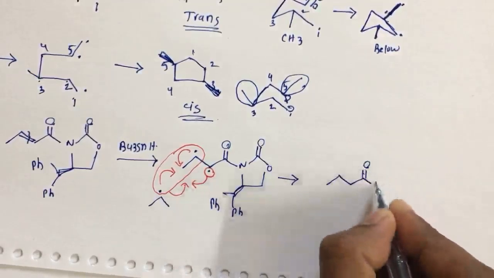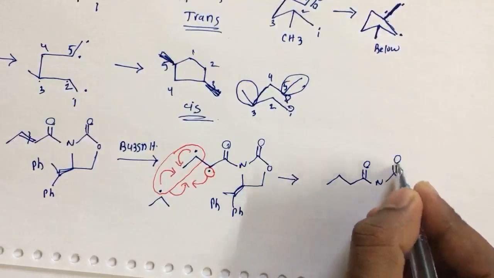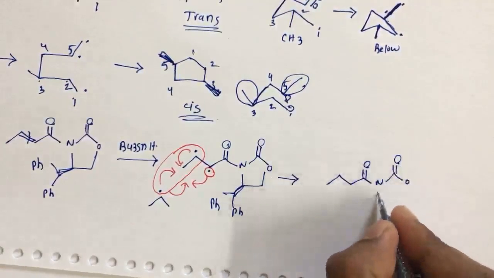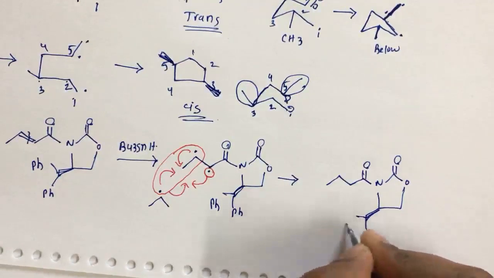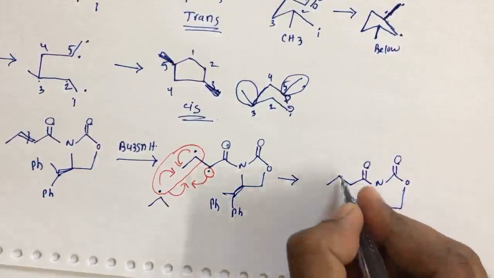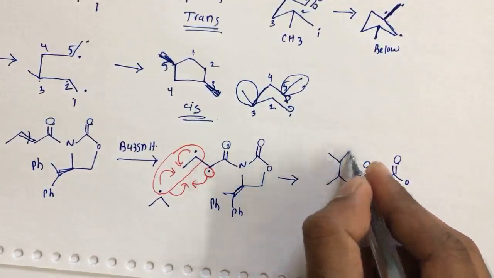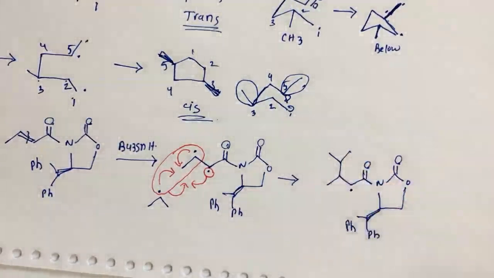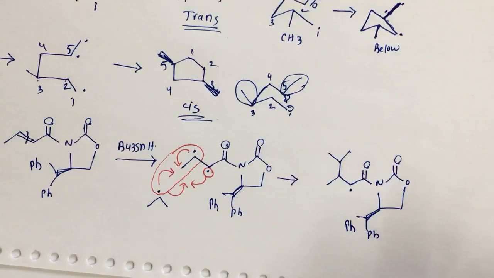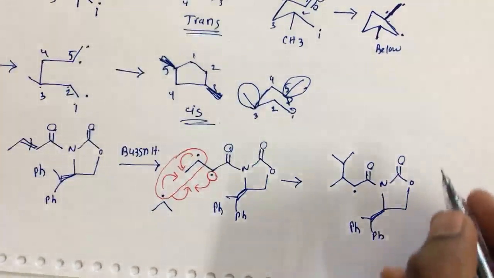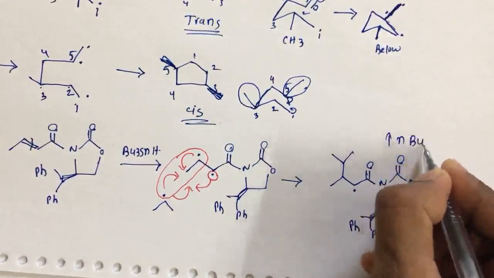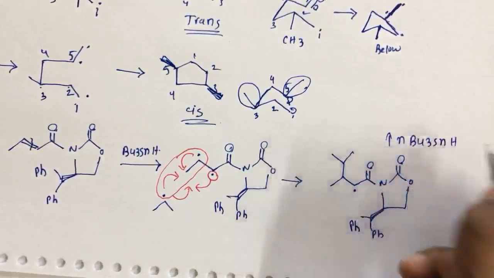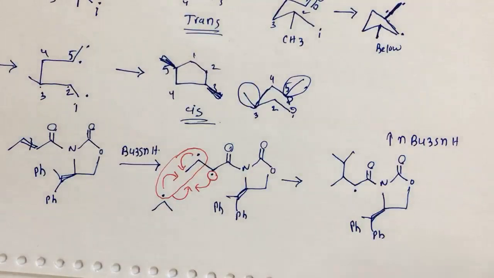double bond O, double bond O, PhNC. So here we will get this compound. So here the free radical comes, and this free radical further takes one hydrogen radical from n-butyl stannous hydride, then it gets converted into hydrocarbon.